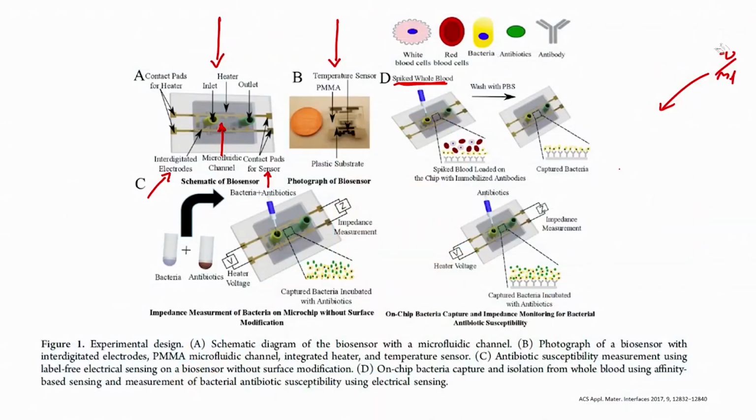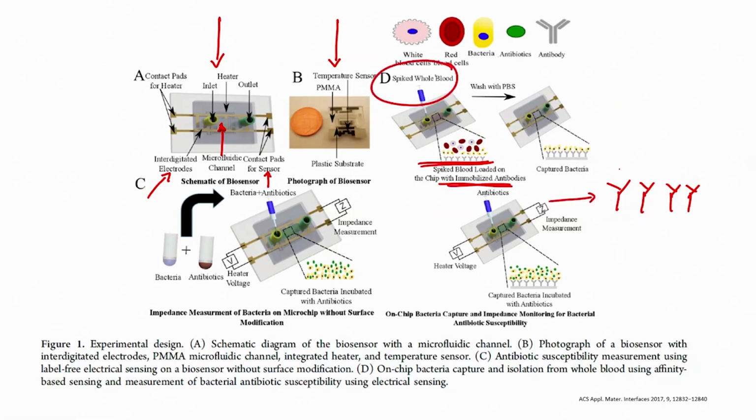On the interdigitated electrodes, you can see here, there are immobilized antibodies, which cannot move. Once we have immobilized antibodies, we will load spiked whole blood onto the channel.